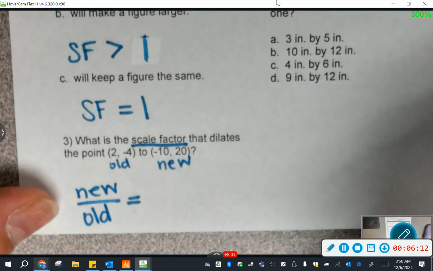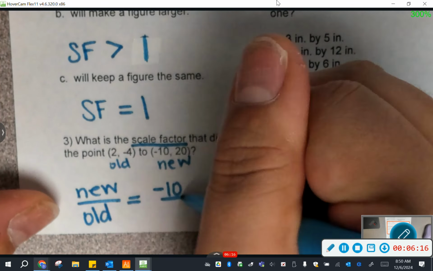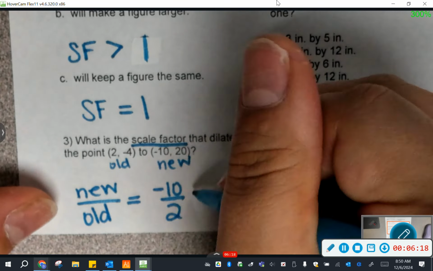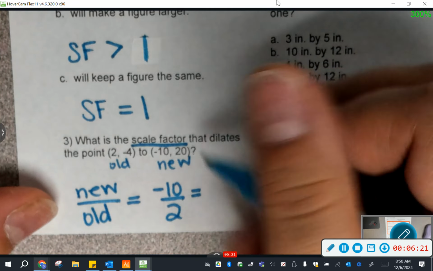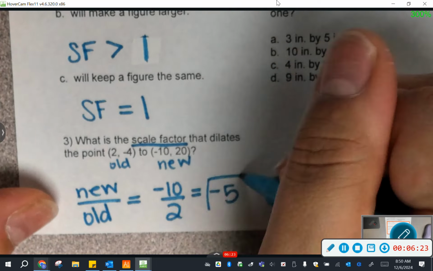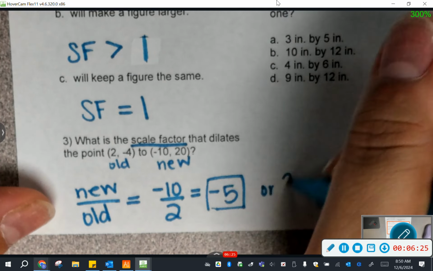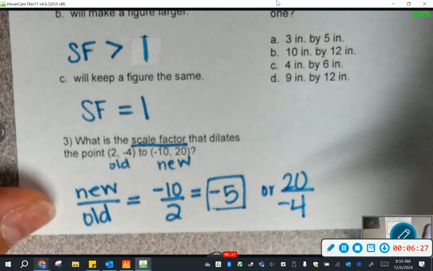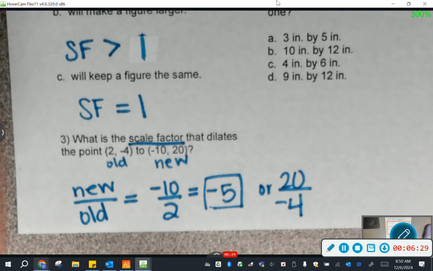What did you divide? -10/2. What is -10/2? -5. Could you have done 20/-4? Would you have gotten the same thing? So it doesn't matter which ones you choose. But if you're going to do X, you need to stay with X. If you're going to do Y, stay with Y.